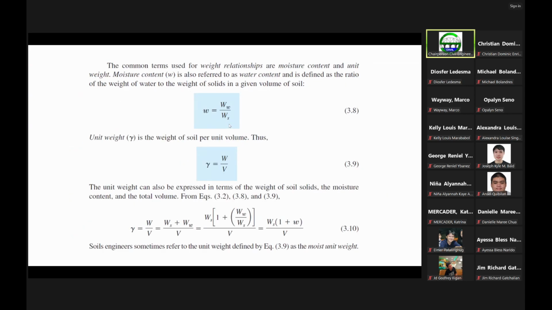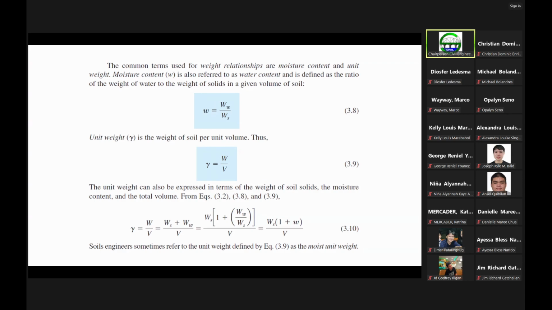The water content is defined as the weight of water over the weight of solids. In this case, this is the moist water content in the case of a moist condition, a condition where you have water and air in the voids. But the formula is the same if the voids are fully filled with water, which means it is fully saturated.